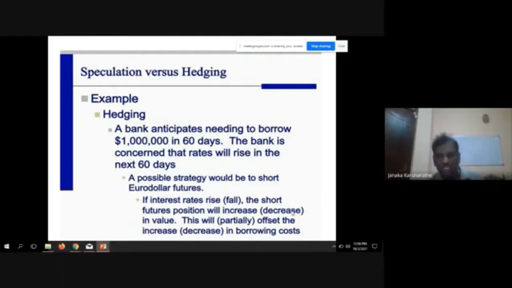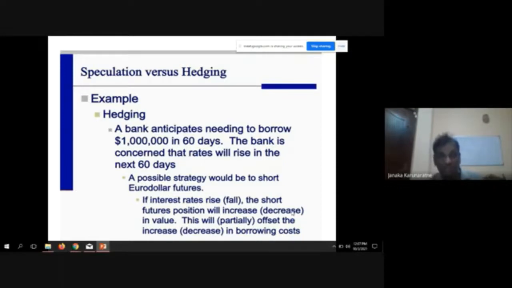But what matters is how the settlement takes place. Now you short means you are selling. But when the interest rate rises, the futures market value will drop. Then what you do? You buy the futures at the higher interest rate, which means a lower price. So you will end up with a positive gain in the futures market.